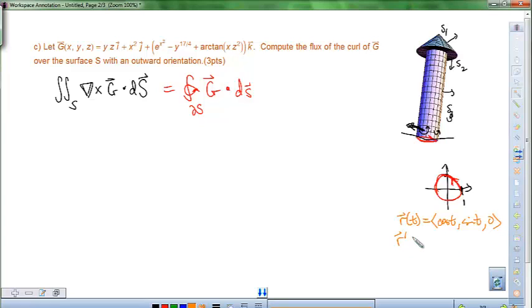We will eventually need the derivative, so it's negative sine of t, cosine of t, and 0 again.